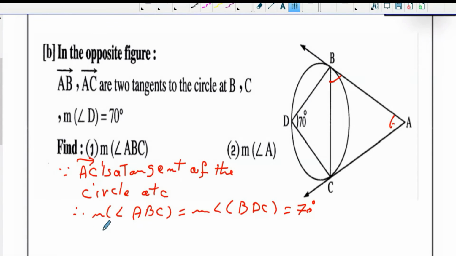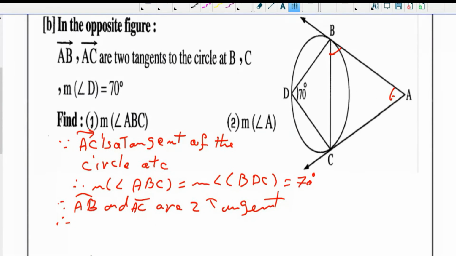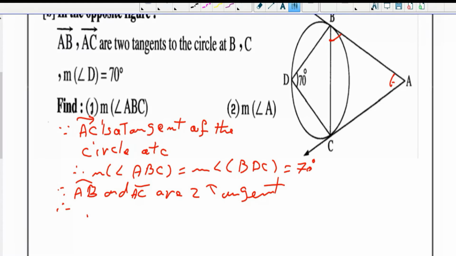Since AB and AC are two tangents, therefore AB equals AC.